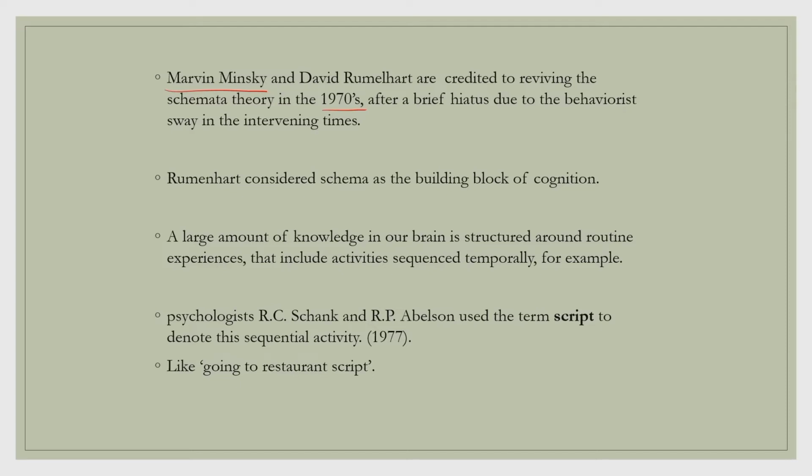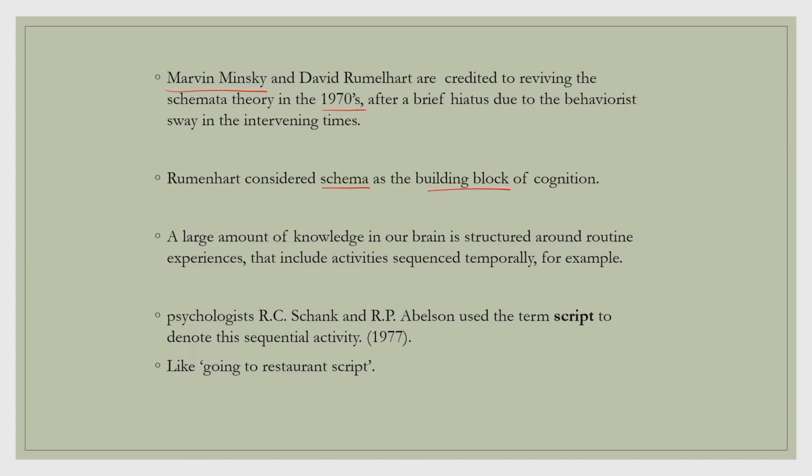So, after a brief period, because in the intervening years behaviorism was holding sway, we saw that in the 50s and 60s onwards, when behaviorism was very strictly criticized, cognitivism and innateness and all those ideas came back again, and so did the idea of schema. In fact, Marvin Minsky and Rumelhart's contributions have been very significant, to the extent that Rumelhart considers schema the building block of cognition.